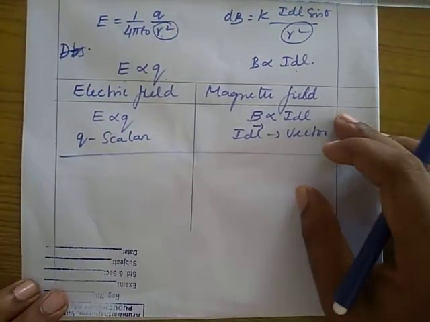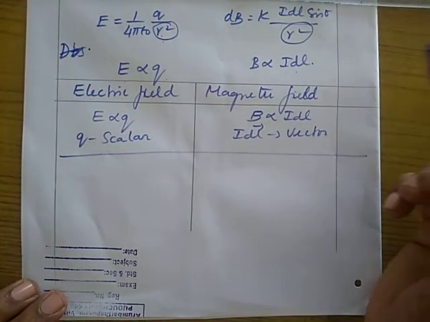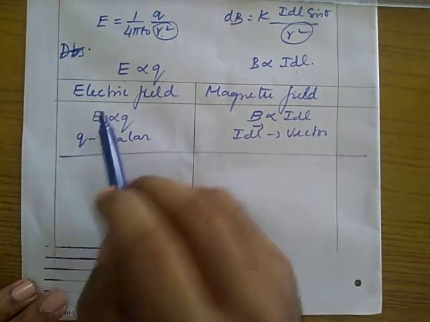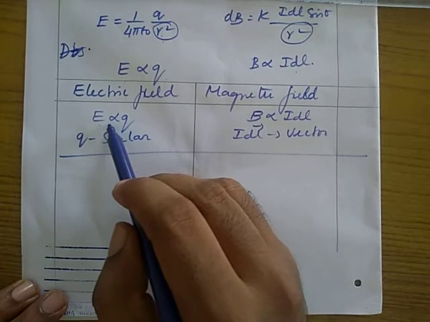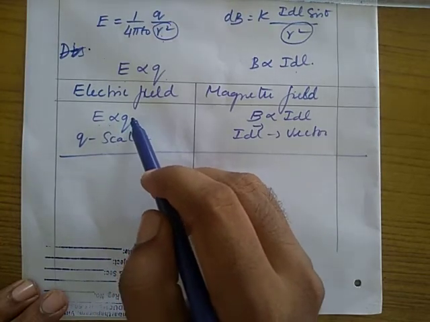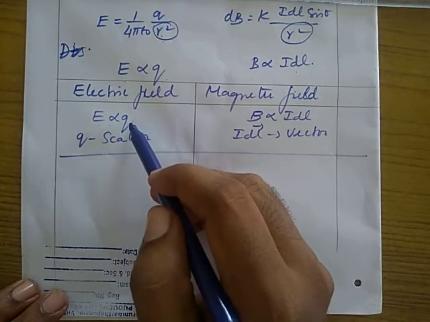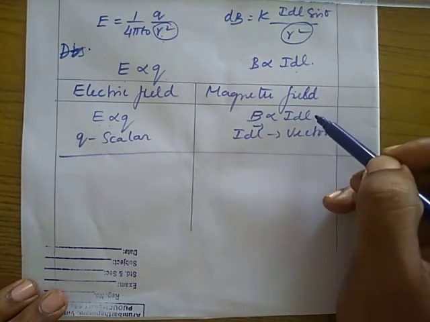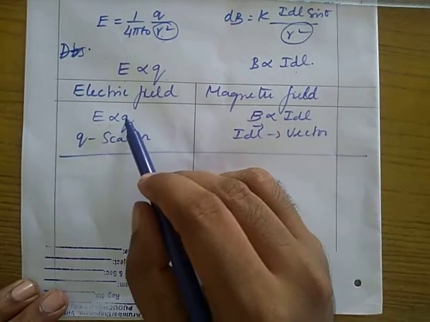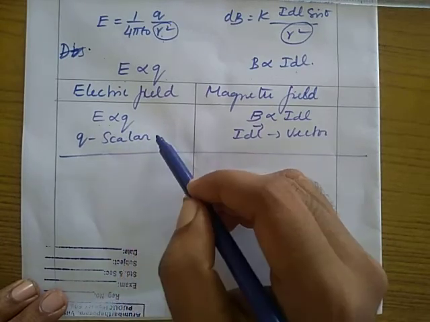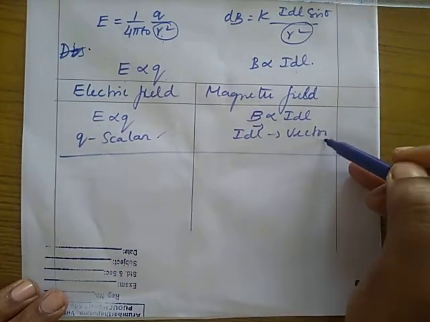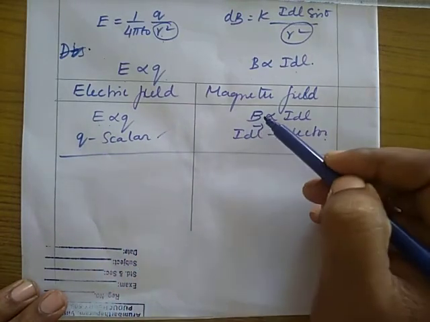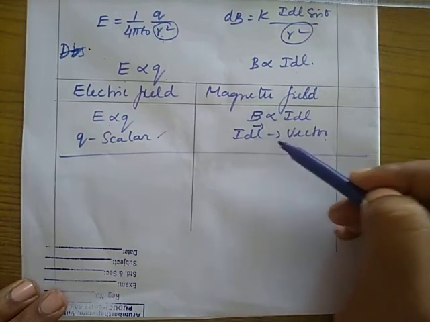Now let us see some differences between Coulomb's law and Biot-Savart law. The electric field is directly proportional to the magnitude of the charge, while the magnetic field is directly proportional to the current element I dl. This q is a charge, a scalar quantity, while I dl is a vector quantity. So the electric field depends on a scalar quantity, and the magnetic field depends on a vector quantity.